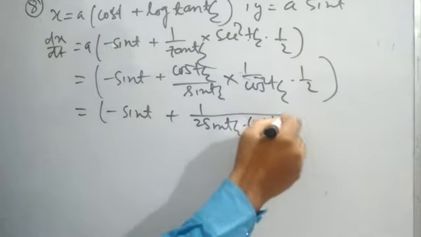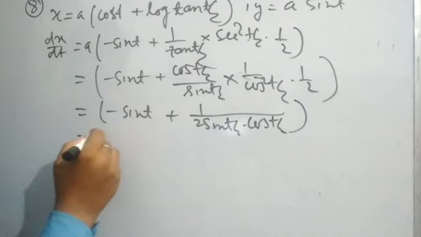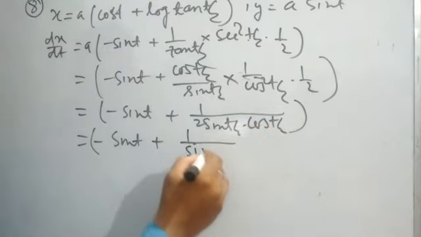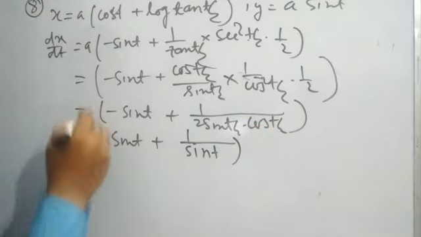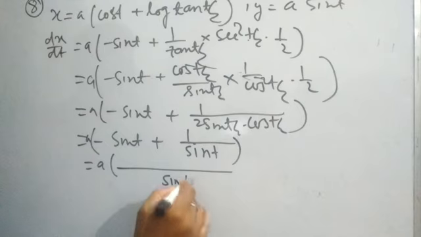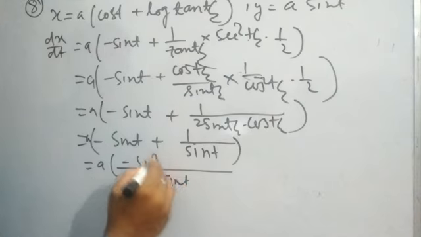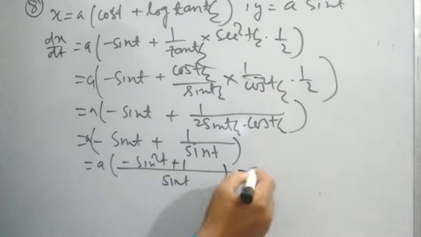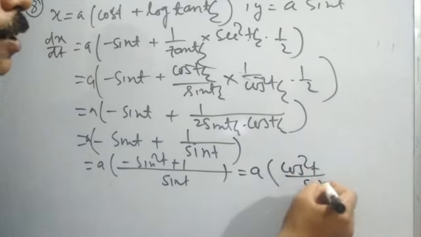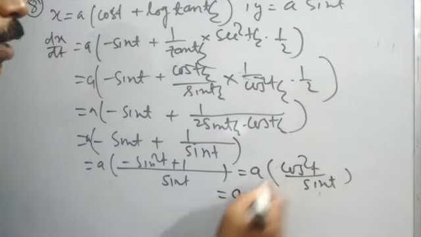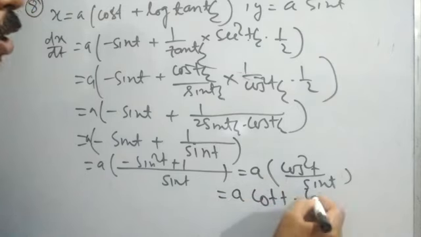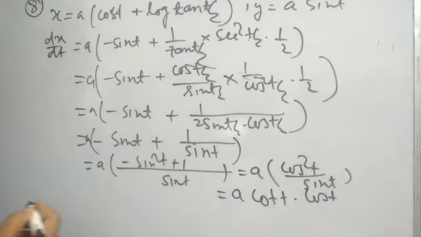Taking the LCM, minus sin²t plus 1 gives 1 minus sin²t, which is cos²t by sin t. Split it as cos t into cos t by sin t, that is cot t into cos t. That is the result for dx/dt.